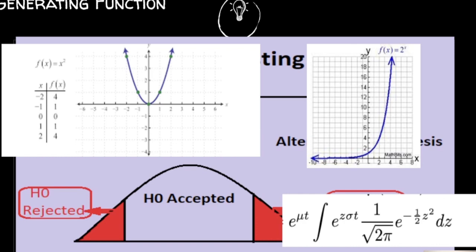Let's say we have the parabola equation x square, and if you add 1, 2, 3, 4, the graph of the parabola will be a U. The second graph is the exponential. Whatever value you put, the graph will look like this. If you break down this normal distribution chart, it is made up of these two charts, the parabola and the exponential.